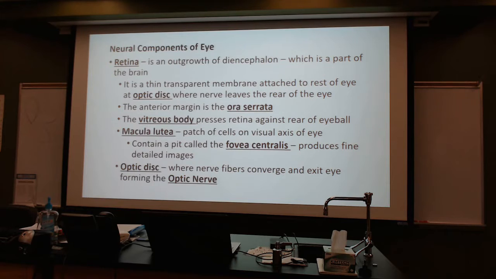The retina is the neural component. This is where we're going to have to turn the light into an action potential that can pass to the brain.